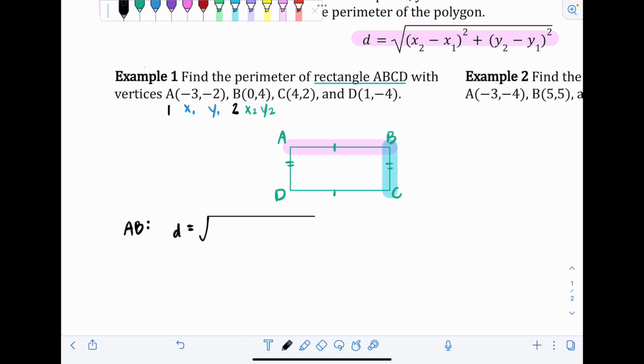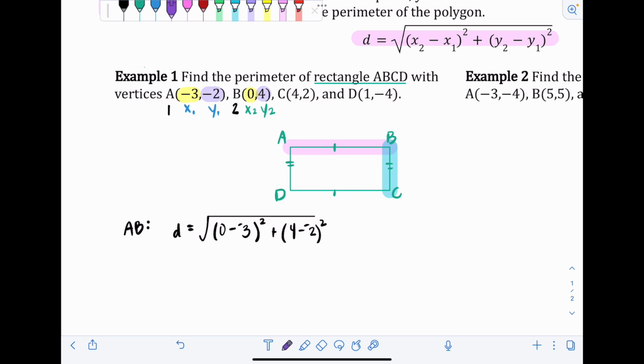We're starting with x2 minus x1, so it'll be 0 minus -3, and then plus y2 minus y1, so 4 minus -2, and then squared.